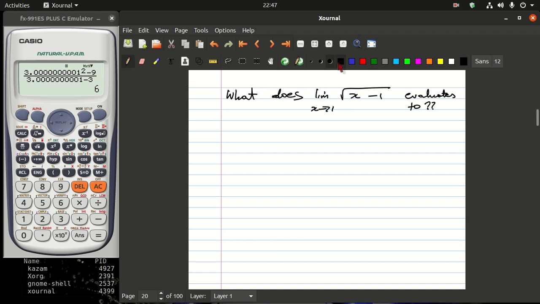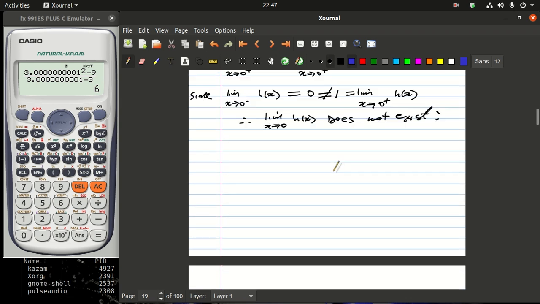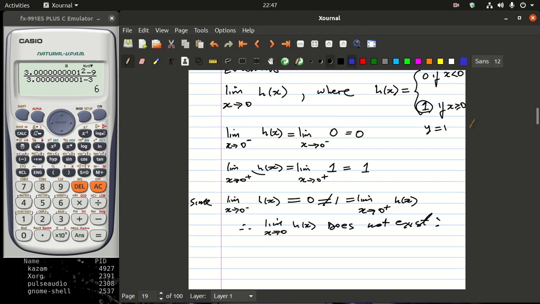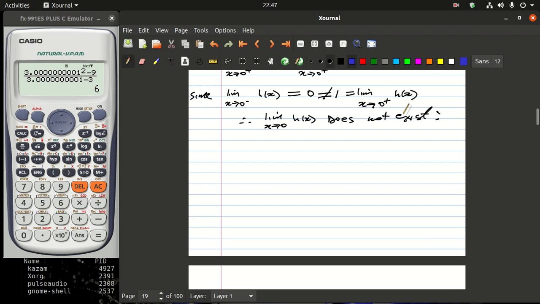Okay, so I want us to look at the solution of this thing here. If you noticed, we could have plotted the previous function, or we could not plot it. We had something like this. When x is less than 0, the function was like this, so that you can see.